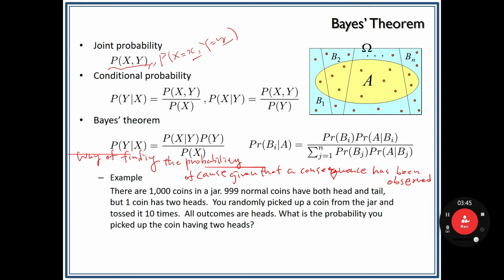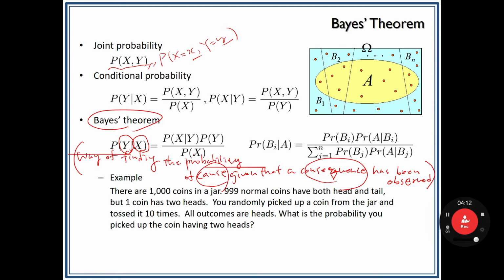I think this is the simplest way to express the Bayes theorem. It's the way of finding the probability of cause, so it's about cause and consequence. We want to know the probability of cause y given that a consequence has been observed.